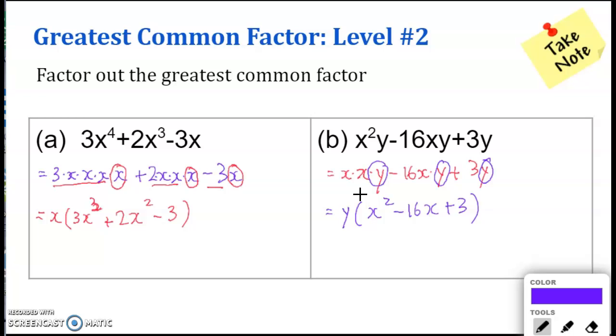So common to all three terms is just a y, so take y out in front of the parenthesis, and you're left with x squared, then negative 6x, and then plus 3. Again, if you want to check your answers, you can always distribute y to x squared, and then to the second term and the third term to make sure that you're doing it correctly.